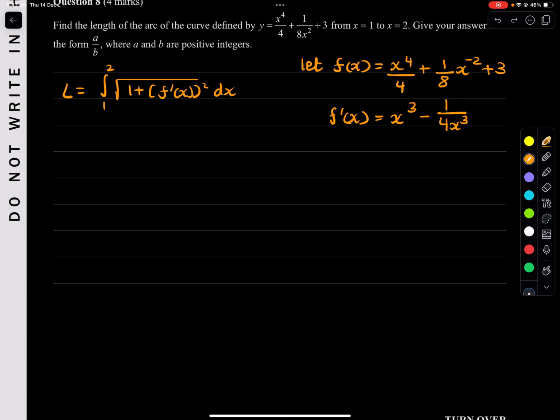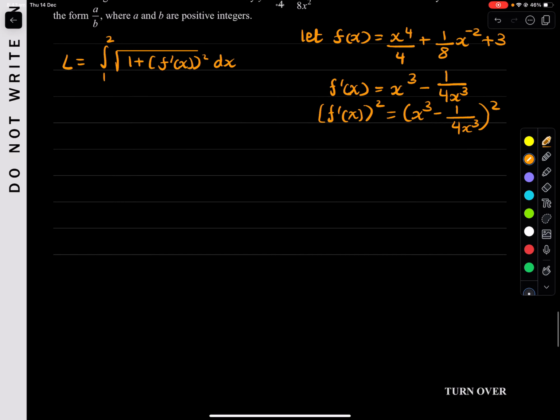That's good. And then we want to square it. So f dash of x all squared is what? It's going to be x to the power 3 minus 1 over 4x to the power 3, all squared. And now let's actually just expand it. Yeah, we're going to probably need to expand that.